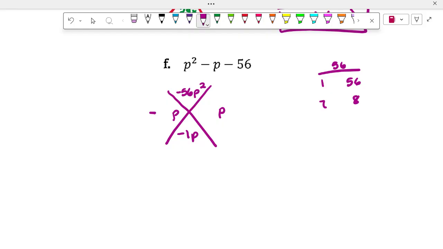What else? 4 and 14, 2 and 28. Anything else? I think that's it. So, obviously, if I make all the bigger ones negative, which one works? 7 and 8. This will be negative 8, positive 7.